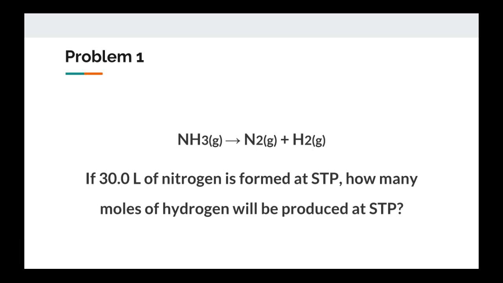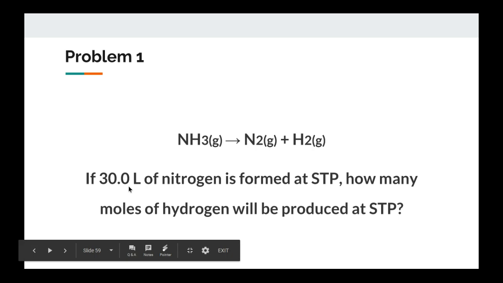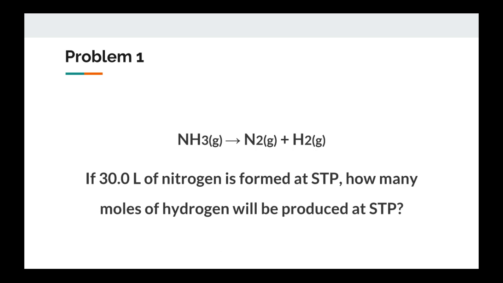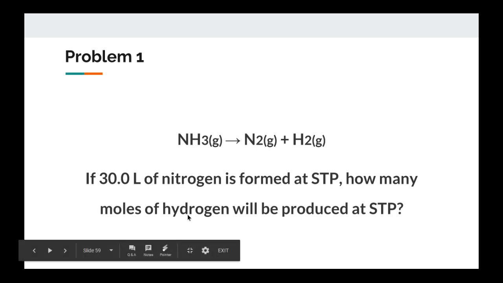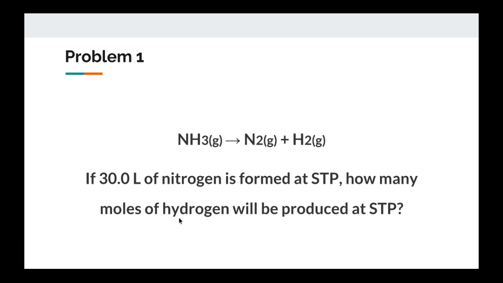That's basically it. So you use the 30 liters and the standard temperature and pressure values using your ideal gas law, or readily use 22.4 liters is to 1 mole to get the moles of nitrogen. Once you get the moles of nitrogen, use the mole ratio of nitrogen gas and hydrogen gas to get right away the moles of hydrogen.